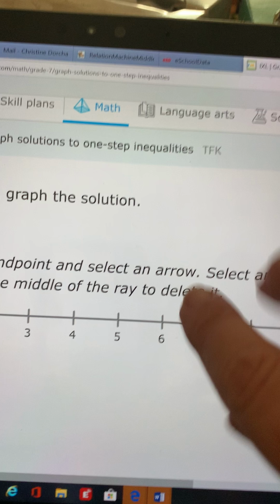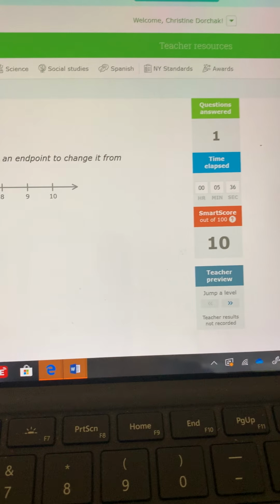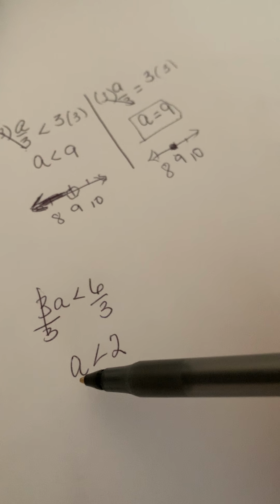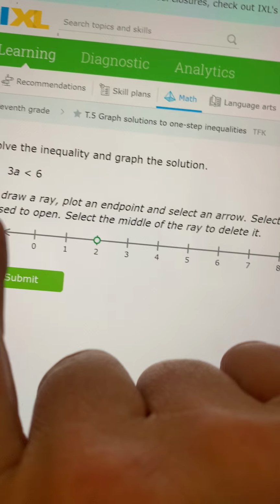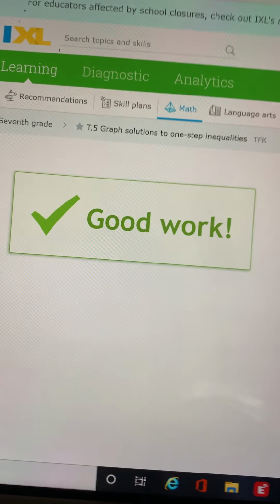And that means that all values that are at 2 exclusively, meaning it doesn't include that point. This is all values less than 2. So that is the 2. And then we're going to go all the way out to here. Okay.